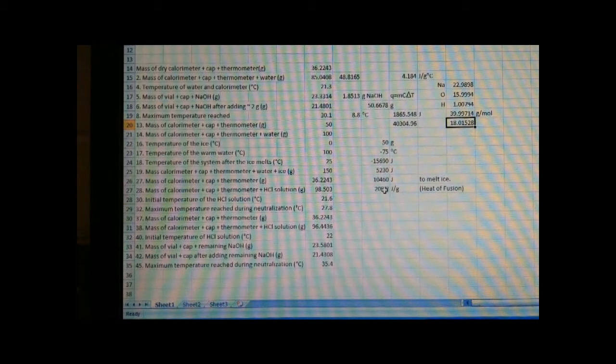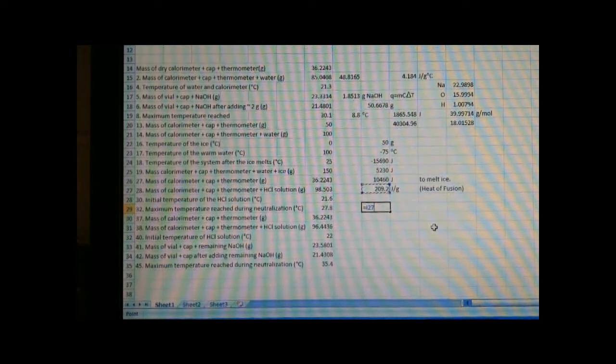That's what I'm going to use to convert here. So here's joules per gram, and I want kilojoules. Let me go ahead and write this out, let me put it out in the longhand.